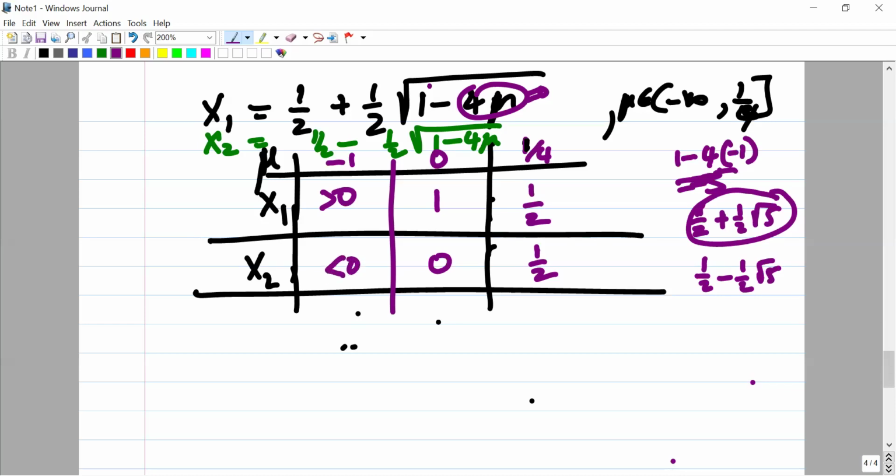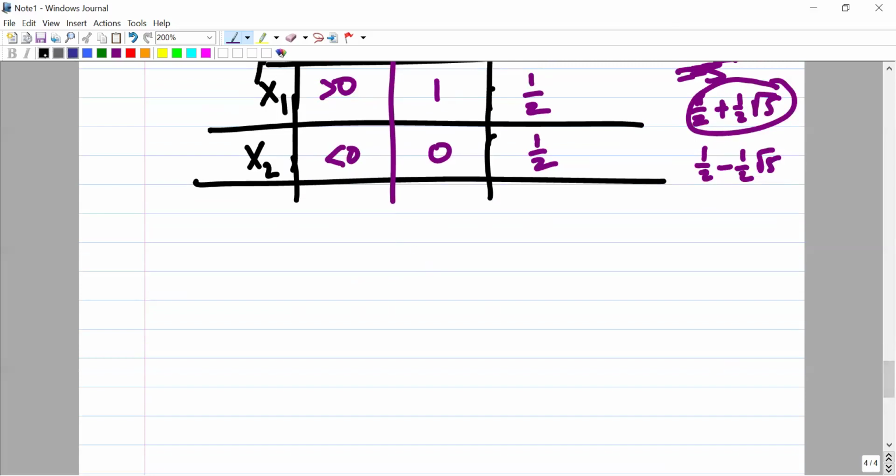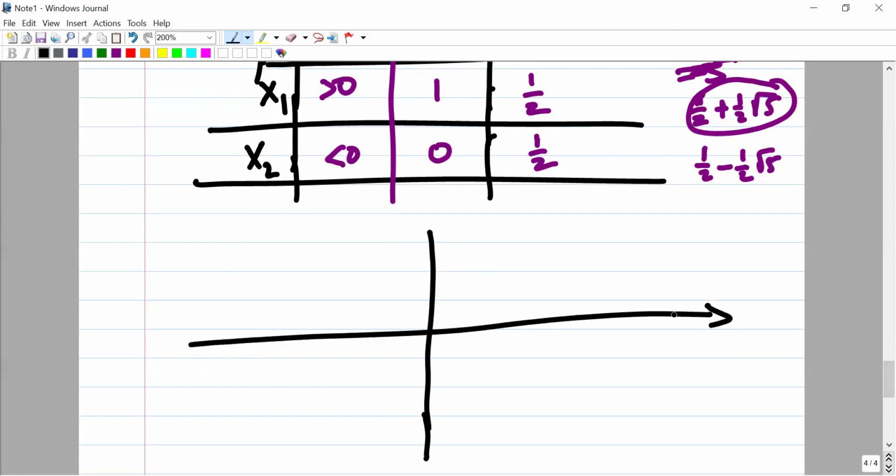And then you know the behavior of the square root function will be like this, or it will be like this, facing this direction, or facing that other direction. So in this case, we can now go to the x-mu plane and plot these two equilibria as functions of mu.